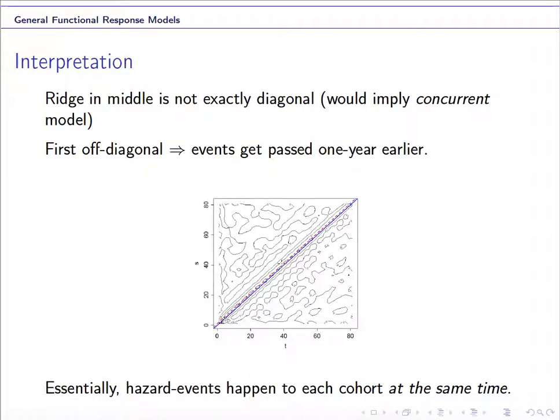So basically, as we said, this beta s t represents the effect of the hazard rate at age s in the previous year on the hazard rate at age t in the next year.